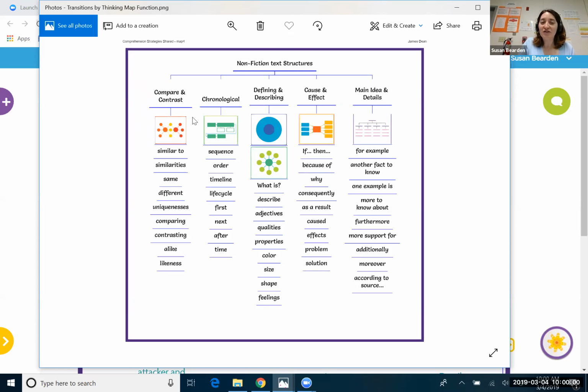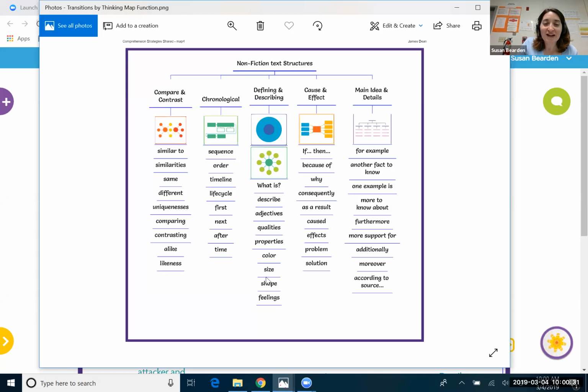So comparing and contrasting would be our double bubble map, and we can use these transition words if we're comparing and contrasting. If we're putting things in chronological order, like we would for a sequence map, then these are transition words that have to do with sequence. These transition words have to do with defining and describing, like we would do in a circle map or a bubble map. So these are examples that we might use.